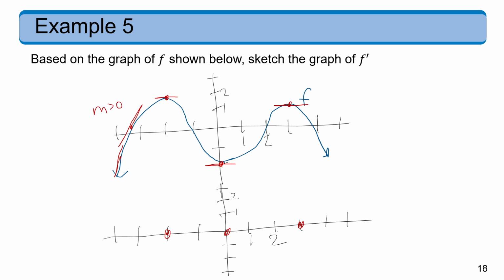So that tells me when I graph f prime over this subinterval to the left of this red dot, the y values will all be negative. Before I actually sketch that, let me just make a note here. So negative. Now between the next two red dots, if you pick any points here and sketch a tangent line, you'll see it has a negative slope.